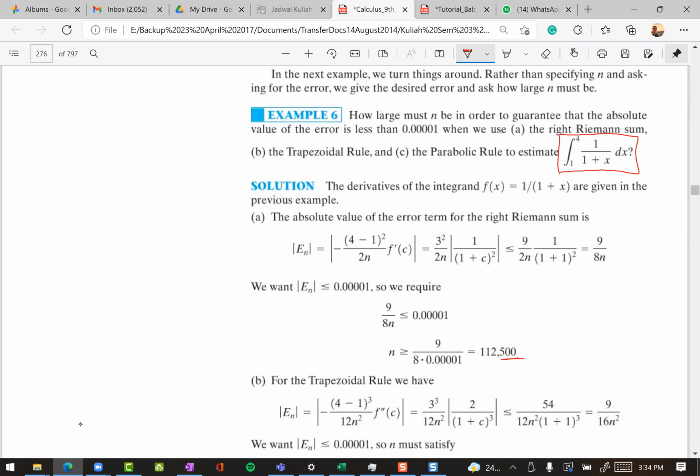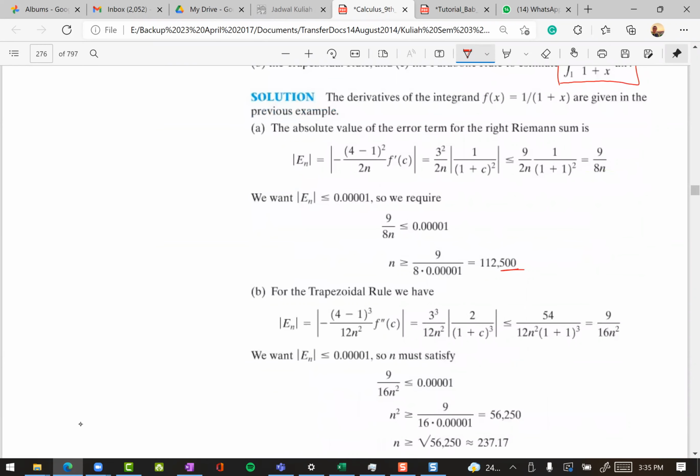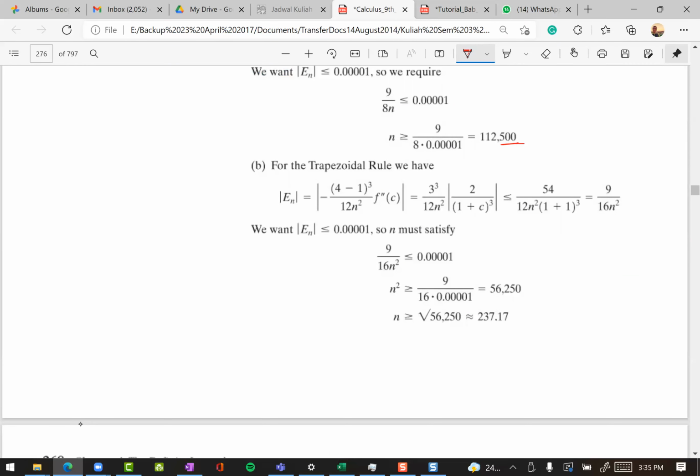Okay. When you use trapezoidal rule, we have this formula. So solve this. You need 100, say 230, say 238. So from 100,000, which is of order 10 to the fifth, this is 100.